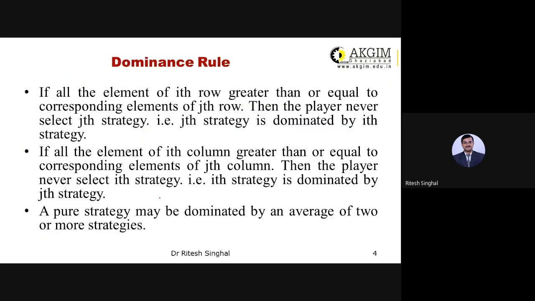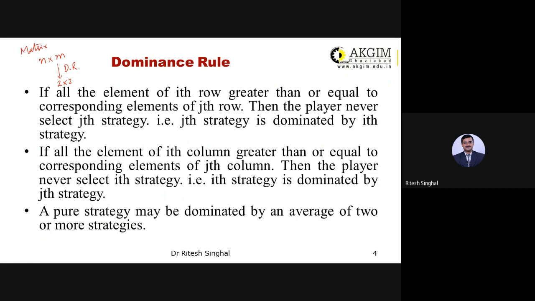Before solving this mixed strategy game, we should understand that if we have a payoff matrix of a game of size n by m, in that case, first we reduce this matrix into 2 by 2 using the dominance rule. There is a rule called the dominance rule which usually reduces the order of the matrix from n by m to 2 by 2.